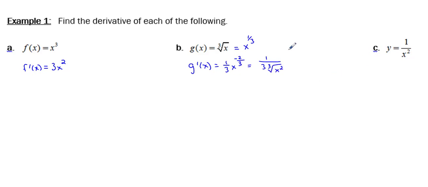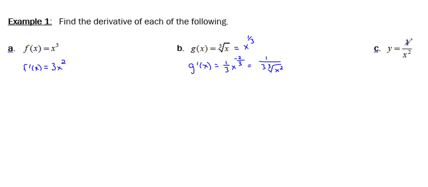Okay, how about letter C? Is this any form at which we can apply the power rule? No, you got to make it that way first. So rewrite. What? Just negative 2? Well, x to negative 2. Say what you mean. Okay, now what? Y prime or dy dx is equal to?